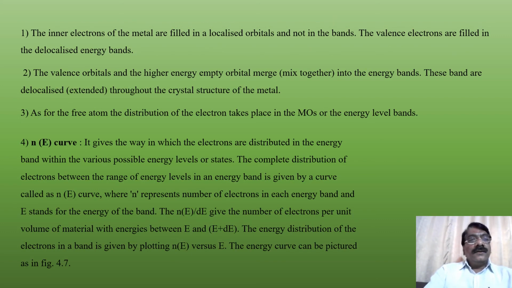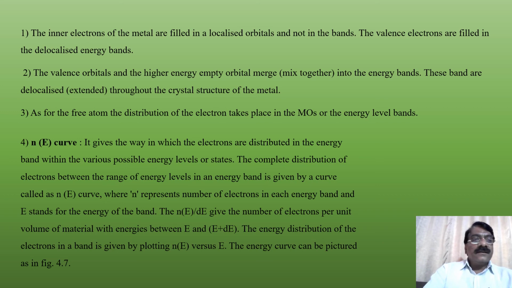First, the inner electrons of the metal are filled in closed orbitals and not in the bands. The valence electrons are filled in the delocalized energy bands. Second, the valence orbitals and the higher energy empty orbitals merge into the energy bands.